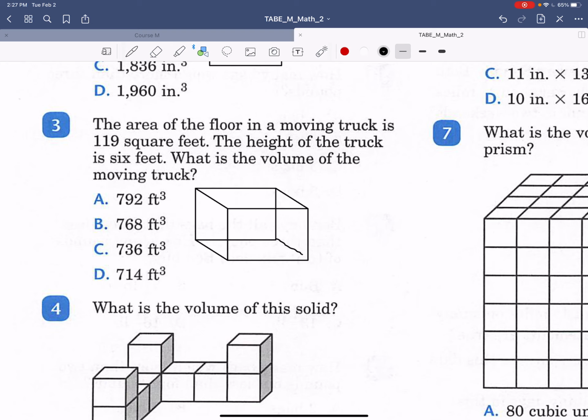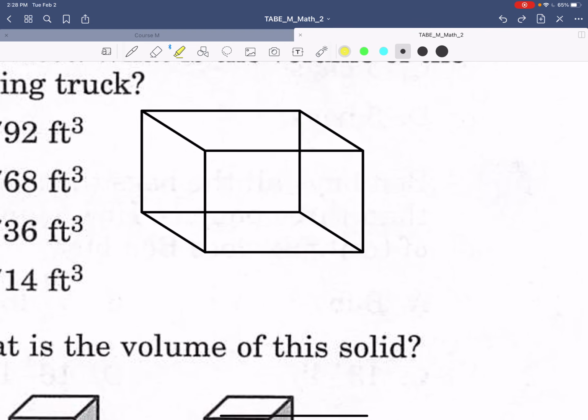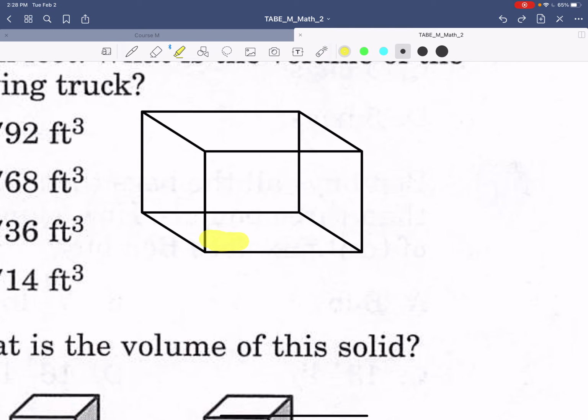And you've drawn the bed of this truck, the capacity of the truck. So let me take out some lines just to let your eye see a little more clearly. Actually, that's not what I want to take out. I want to color in. So here is the floor of this truck.